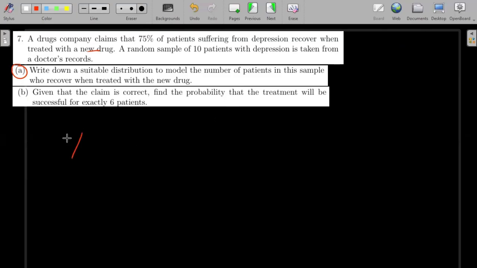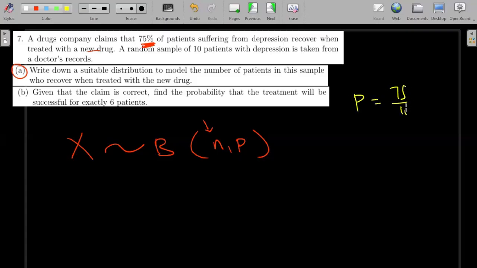So we're going to say X will follow the binomial distribution with parameters n, p, where n is the number of patients in that research, and p is the probability of success. In this case, we've been told that 75% of the patients recover from depression. So p is equal to 75%, which is the same as 0.75.